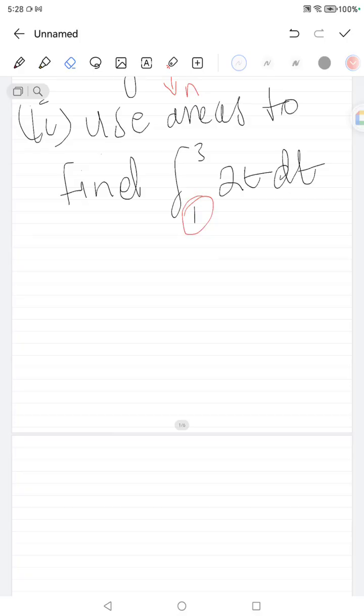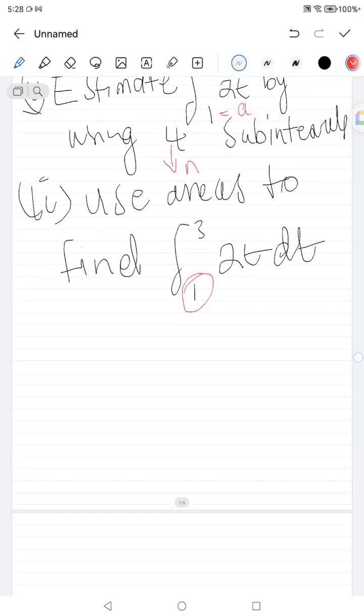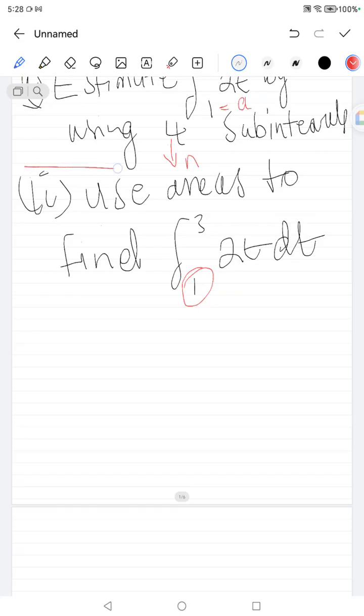So let's see. The first way, where they would normally do it on a Cartesian plane, let's see how much it's going to give us. Let me draw this. Okay, they're saying use areas to find this.